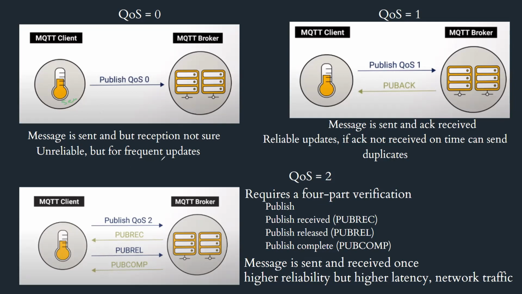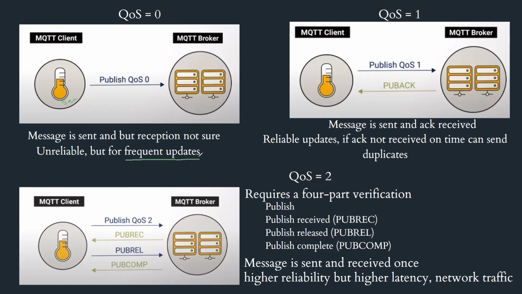In such situations, this is a good quality of service that we can define in the protocol. QoS 0 is used for frequent updates. Once we have very frequent updates from the sensor, we don't need a very high level of quality of service, and therefore we will be happy with QoS equal to 0.